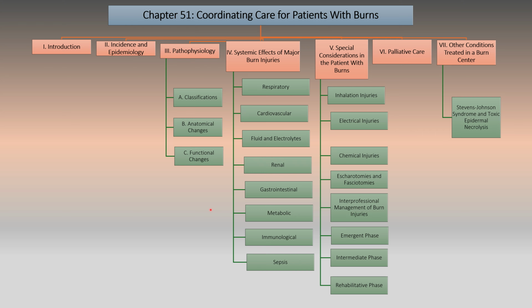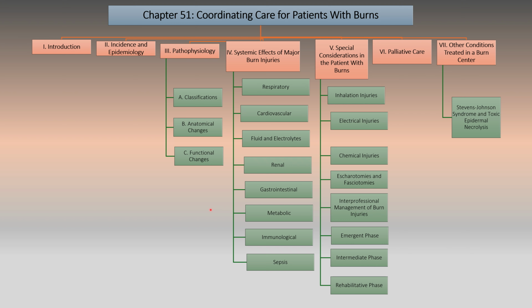Now injury-specific diagnostics. Certain injuries require immediate specialized tests, like carboxyhemoglobin level, crucial for patients with suspected inhalation injury, like fire in an enclosed space, to diagnose carbon monoxide poisoning. Electrocardiogram is a baseline test for all patients, but continuous monitoring for 24 to 48 hours is mandatory for electrical injuries to detect dysrhythmias.